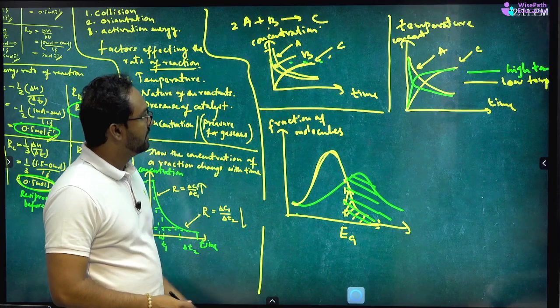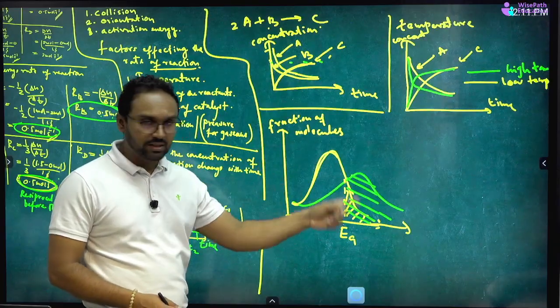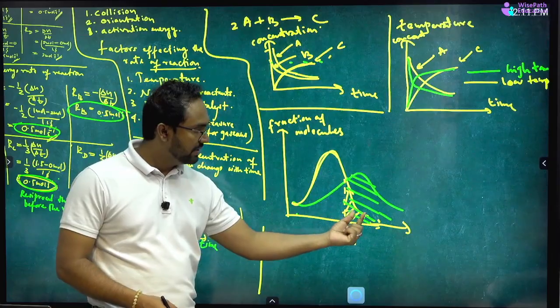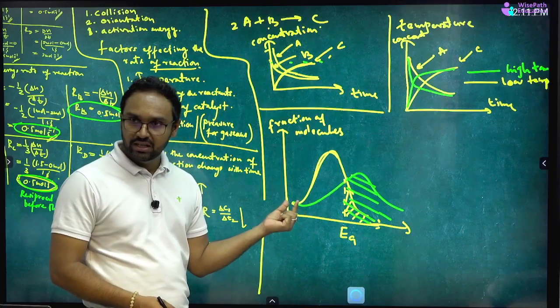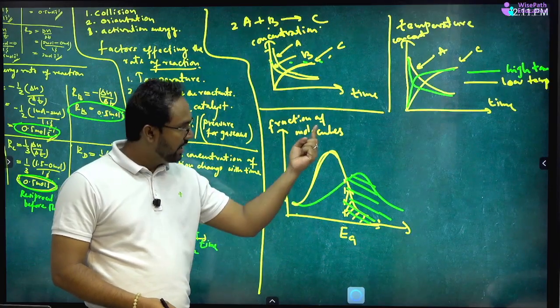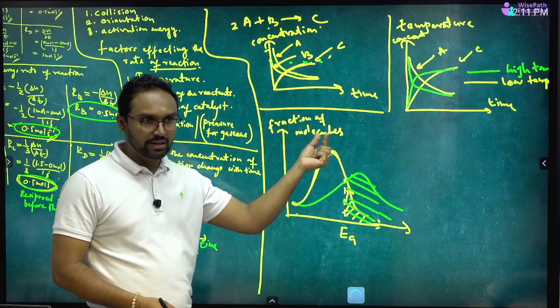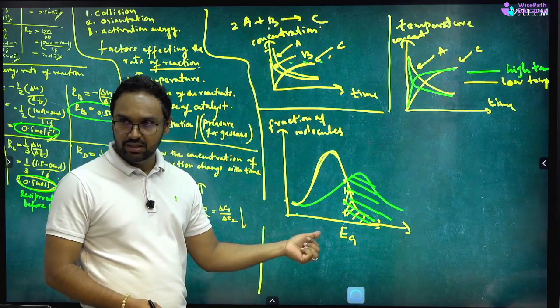Right. So this is the fraction of molecules. This is the Boltzmann curve of a normal reaction, where a very small fraction is in high energies and a very small fraction in low energies, and the largest number of molecules is at the average energy, right?